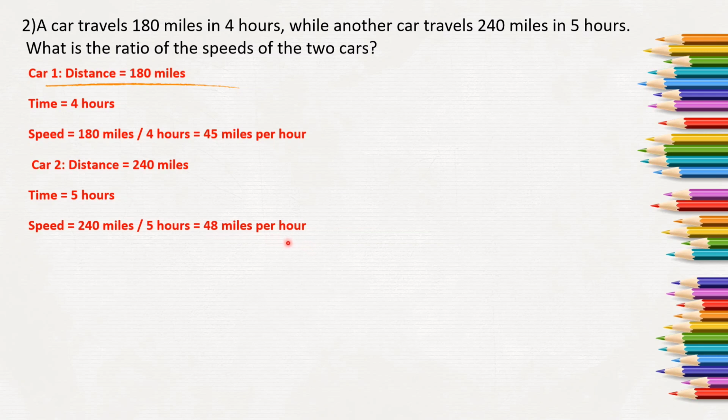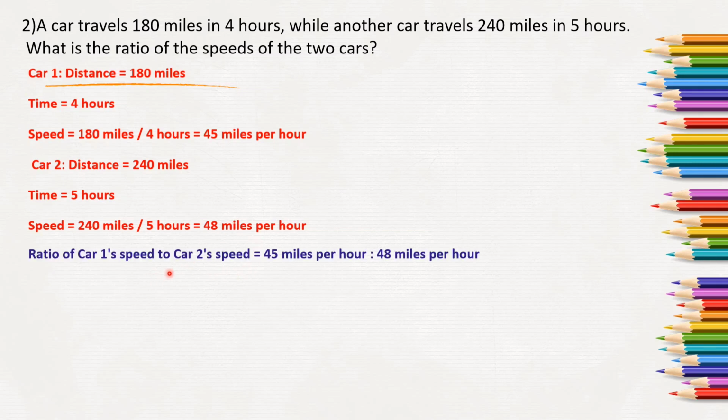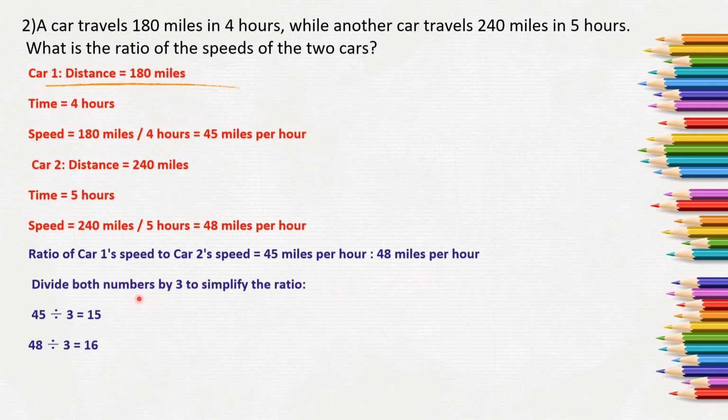Here is the next step. We'll have to find the ratio of the speeds of the two cars. To find out the ratio, speed of the first car and speed of the second car, we'll have to mention, right? That is 45 miles per hour and 48 miles per hour. Yes, to simplify, we can divide both the numbers by their greatest common factor, which is 3.